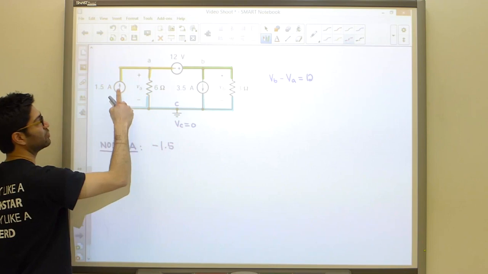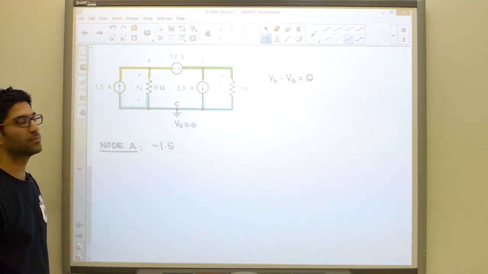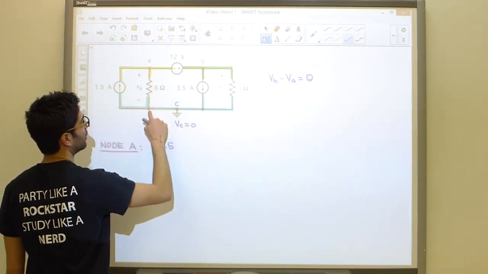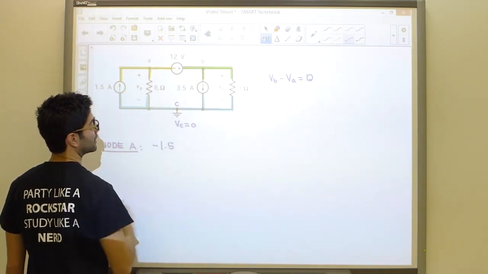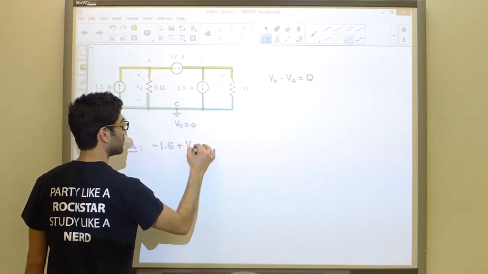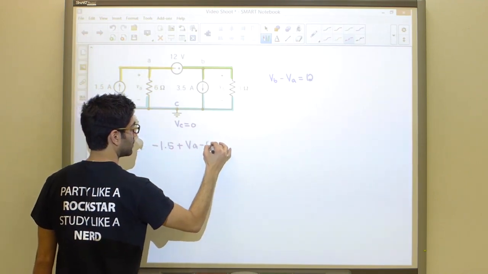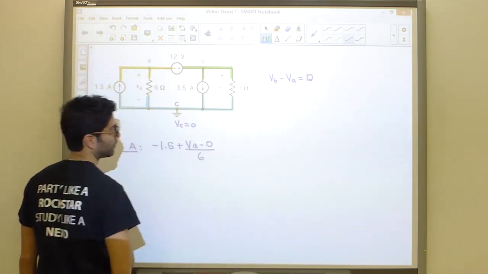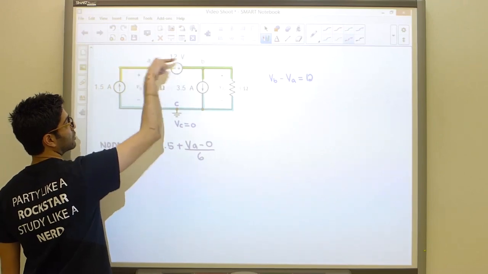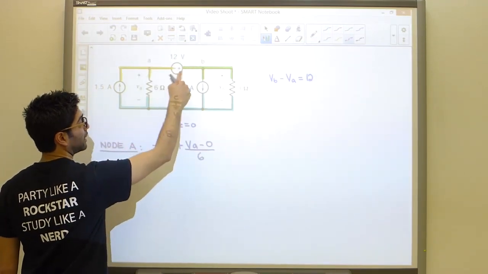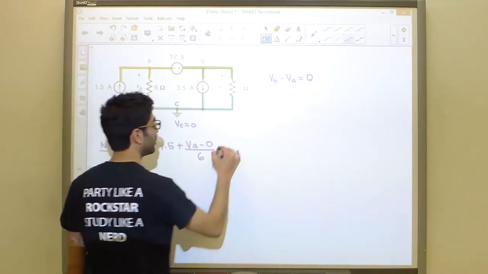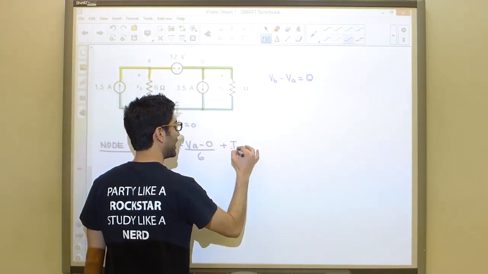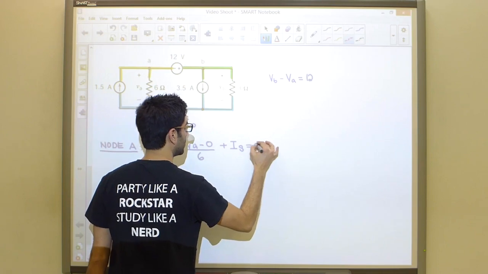I'm going to use the value straight up, of course, it's a current source. To figure out the current over here, it's going to be VA minus VC, which is 0, divided by 6. And to find the current over here, we know it's going that way due to the polarity here. And I never know the current in a voltage source, and therefore I'm going to assign a variable plus IS, and that is going to equal 0.